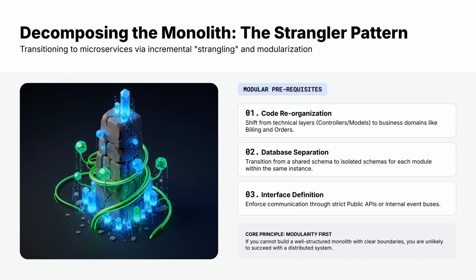This transition involves code reorganization, moving from technical layers, controllers, models, to business domains, billing, orders. Database separation, moving from a shared schema to separate schemas for each module within the same database. Interface definition, enforcing that modules only talk to each other through well-defined public APIs or internal event buses.